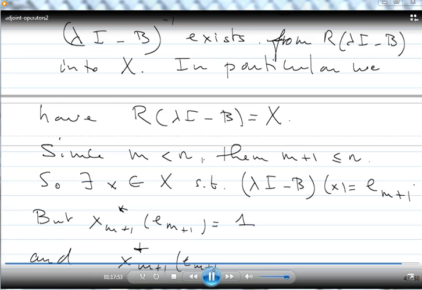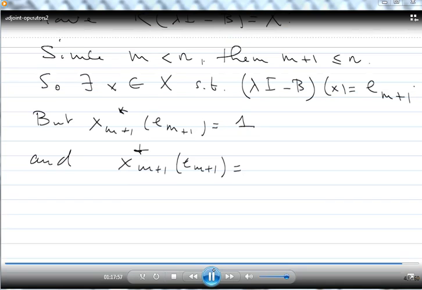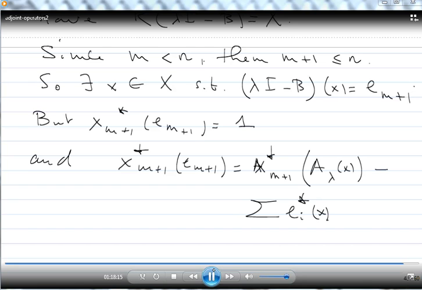Now we use the fact that it's lambda I minus B of x, and that's x star n plus 1 of A lambda x minus the sum of ei star of x, x star n plus 1 of ei, i from 1 to n.